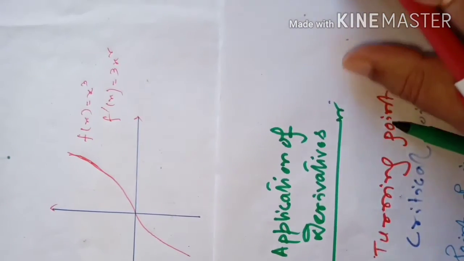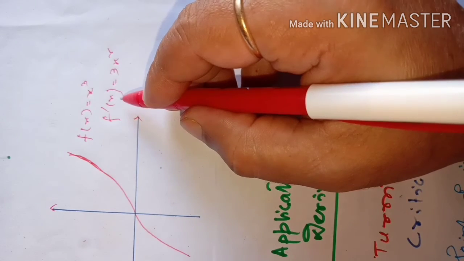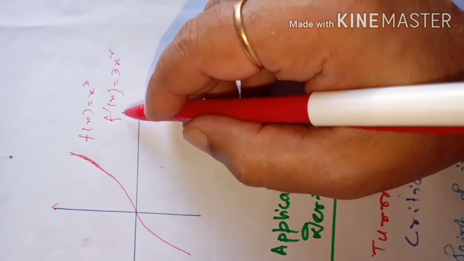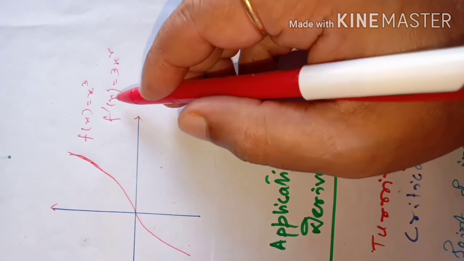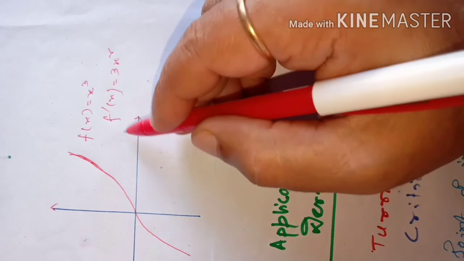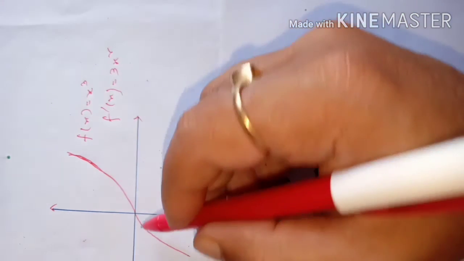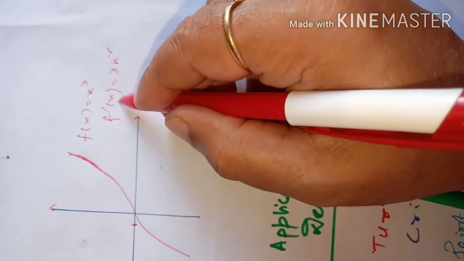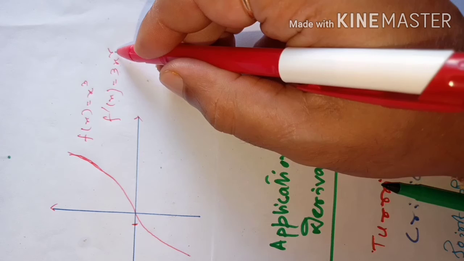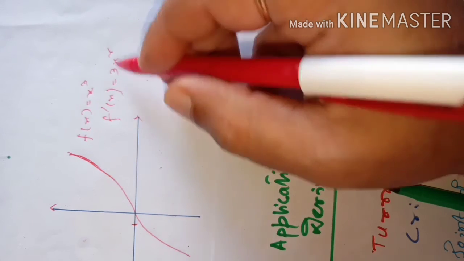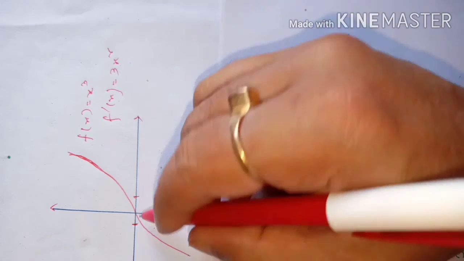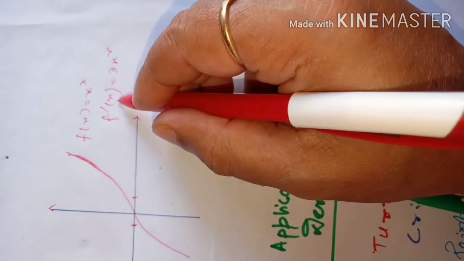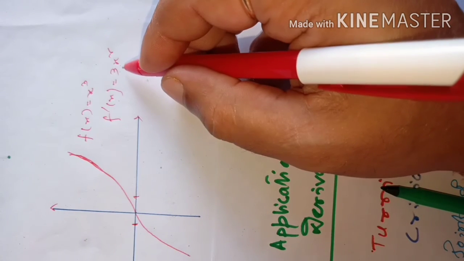Any input you give here, except 0, for example minus 1, gives 3 into minus 1 square, that is 3, greater than 0. If I take plus 1, it is also greater than 0. If I take 0, it will be equal to 0.